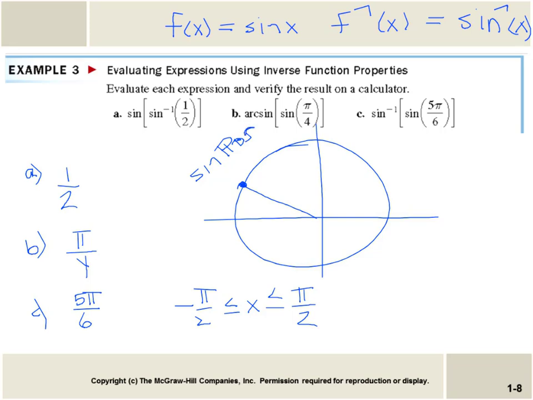I know my reference angle here is pi over 6. The other place that sine is positive is in quadrant 1. So the answer to this is pi over 6, because that will give me the right answer in the proper quadrant.